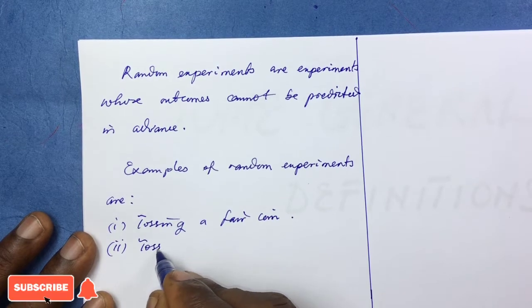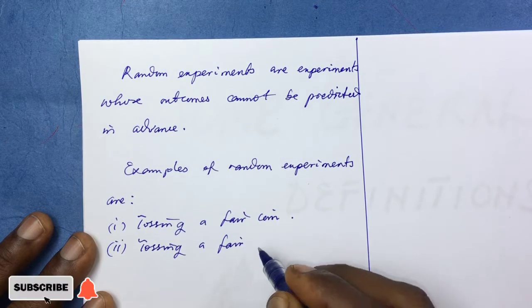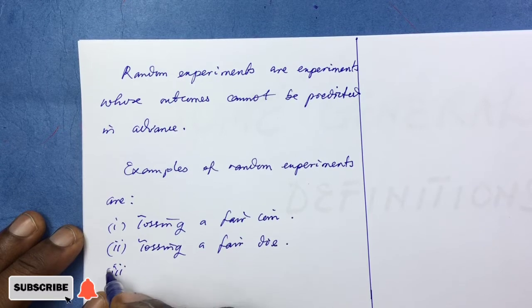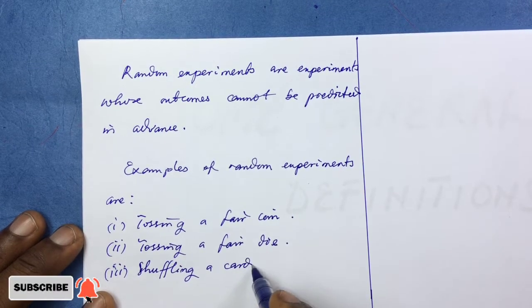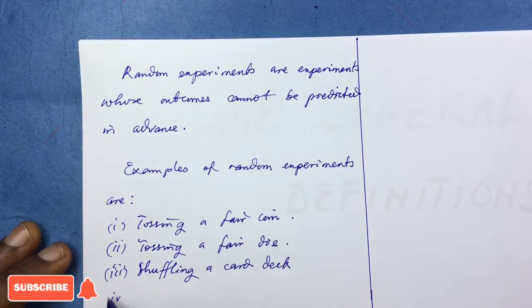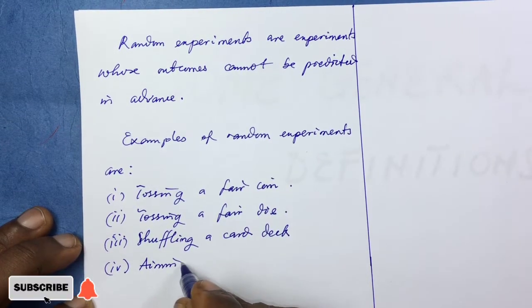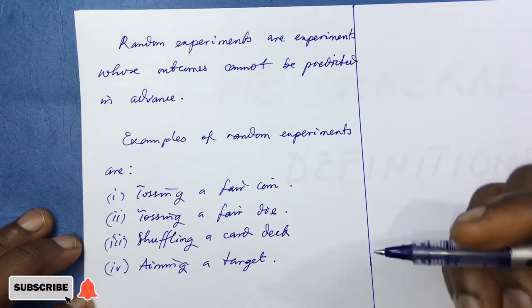When you toss a fair die, you are also performing a random experiment. When you shuffle a card deck, so shuffling a card deck is also a random experiment. Now I'm going to explain why these experiments I'm writing out are all random experiments, okay? The last one I'm going to write here is aiming a target. So these are all examples of random experiments.